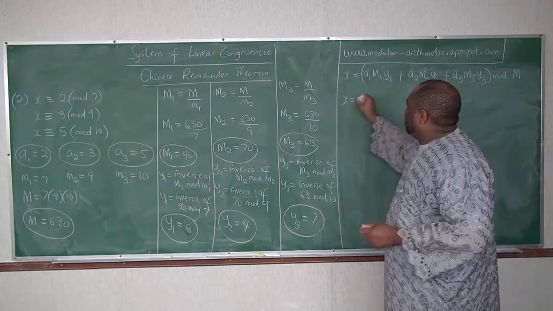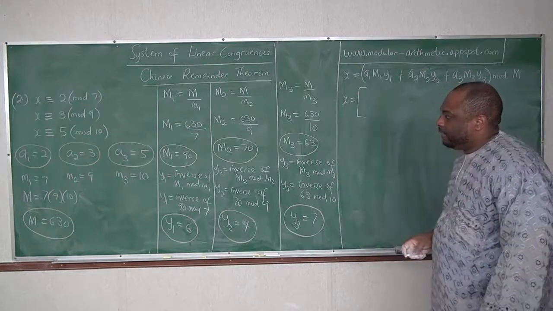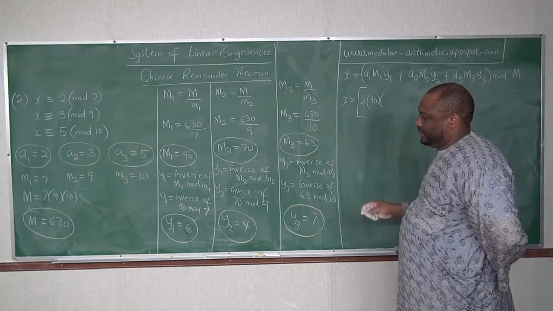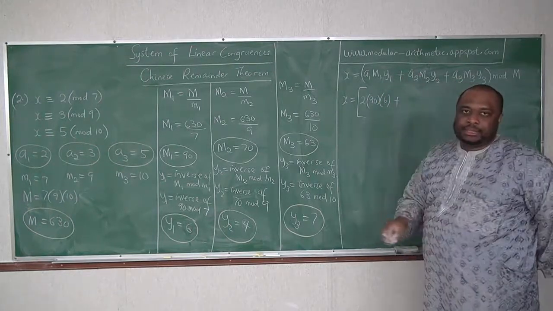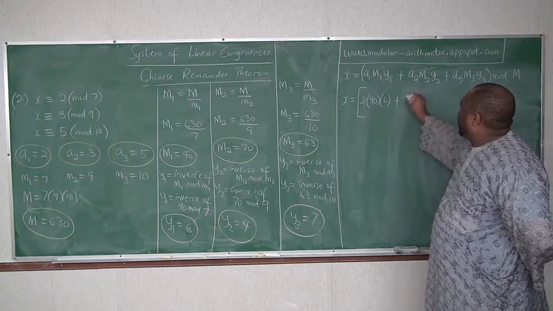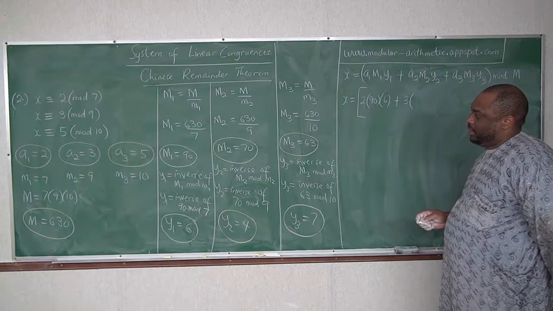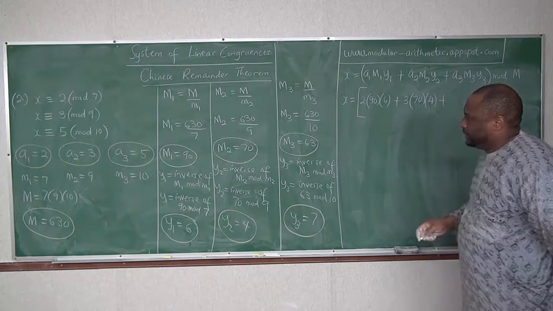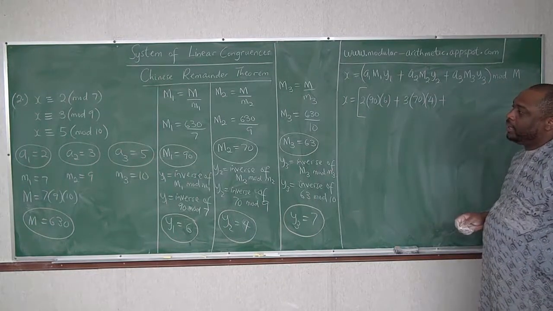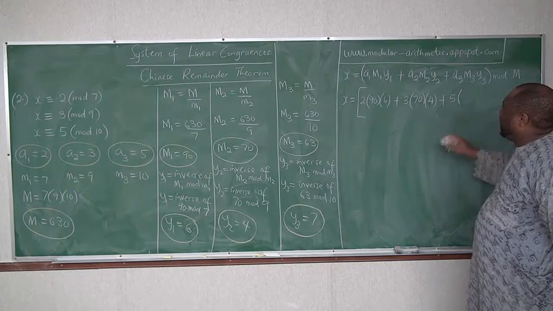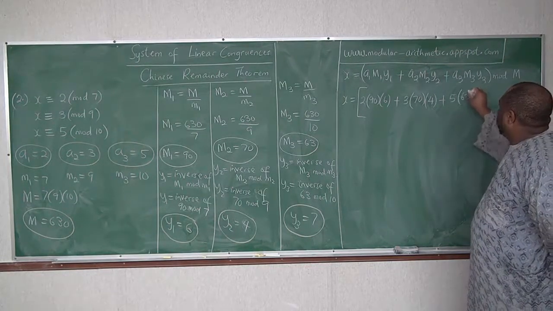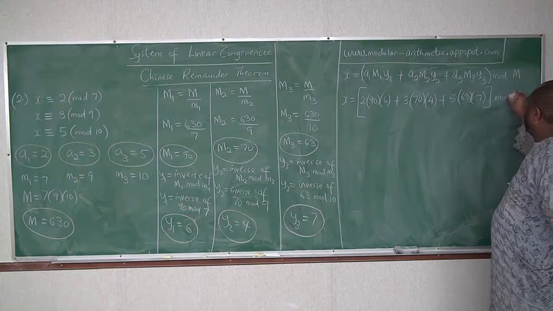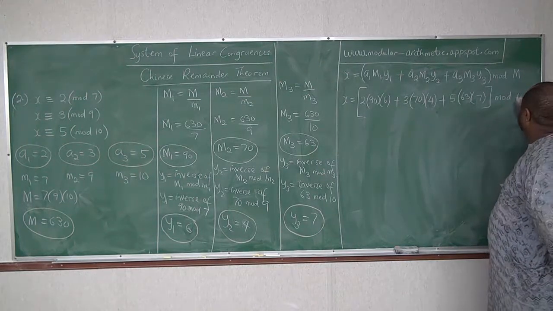So our x is 2 times 90 times 6 plus 3 times 70 times 4 plus 5 times 63 times 7, mod 630.